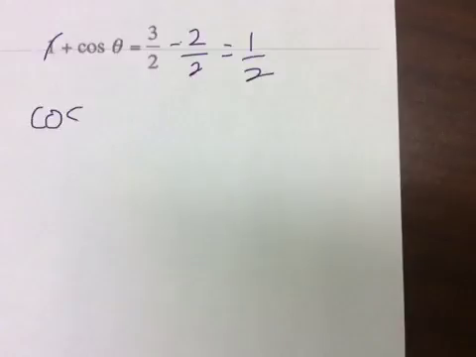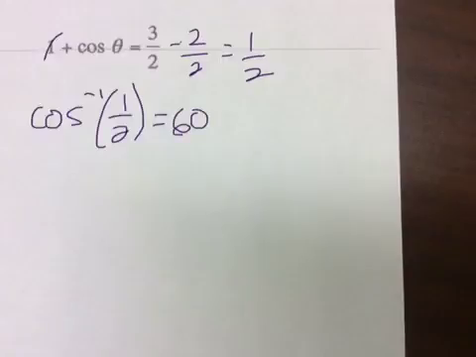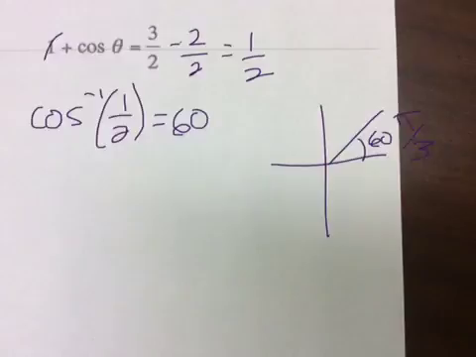So inverse cosine of 1/2. And then you draw your 60 slash pi over 3. And where else can you draw it with the same cosine? Quadrant 4.